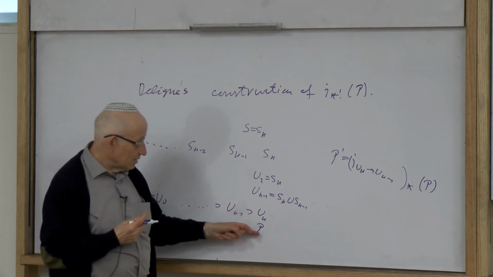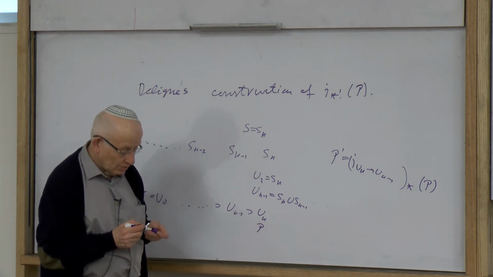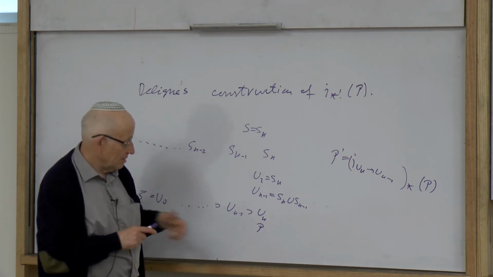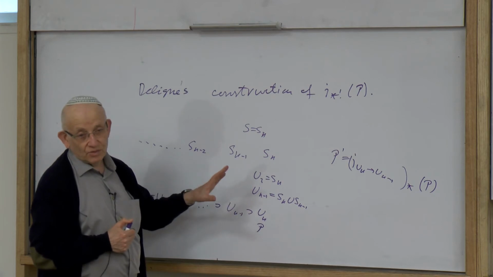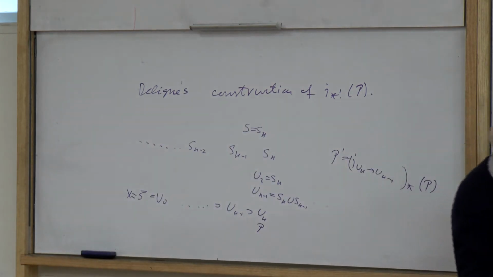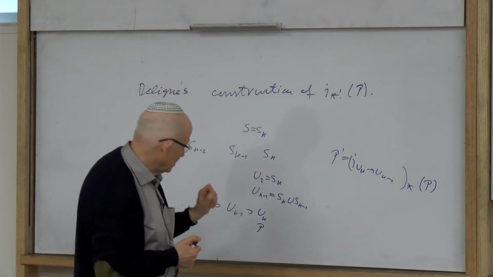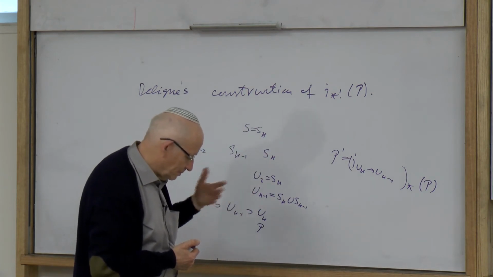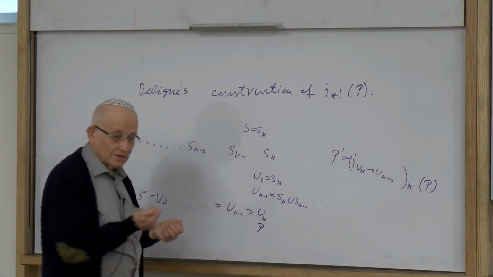Then if I look at the behavior of this sheaf, it might not be perverse, but it's almost perverse. Namely, this condition, less or equal to i, might deteriorate by 1.